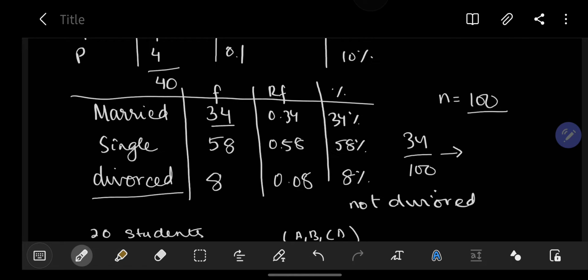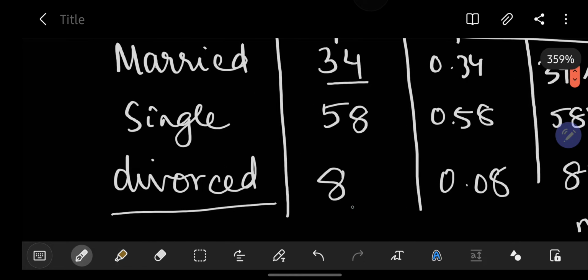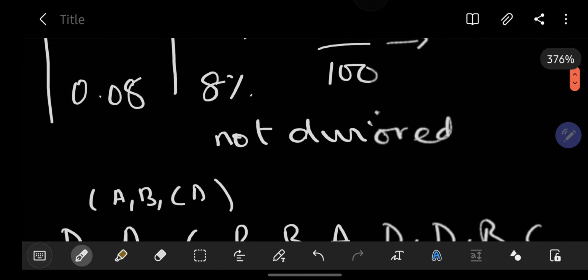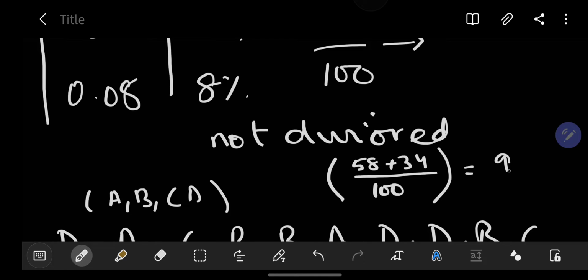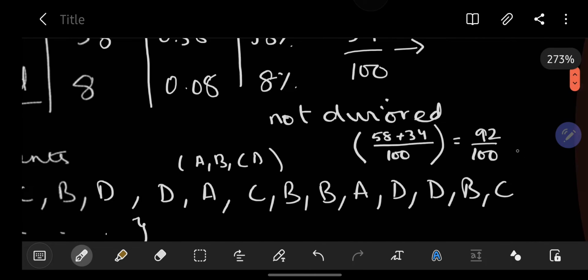So 58 plus 34 upon 100. See, here I added two frequencies to find a single event. I hope you can relate to what I was saying before. So this is 92 by 100, which is equal to 0.92.